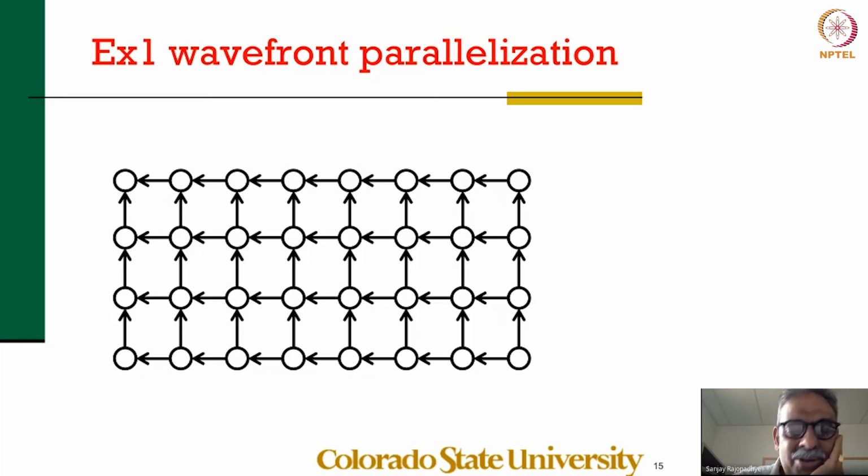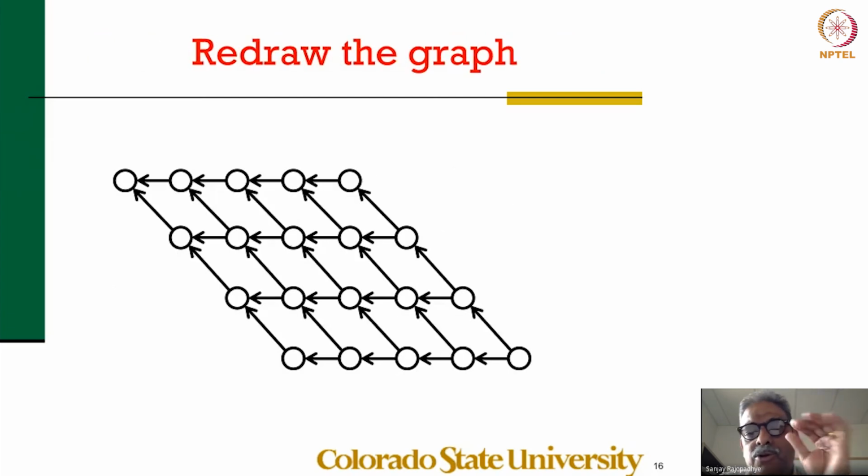You have to think about this, but look at this. I'd redraw the graph like this. Basically what I'm doing is I'm shifting every row to the right by one more than the previous row. So what used to be a vertical dependence is now going to be towards the northwest. And my diagonals have become vertical lines.